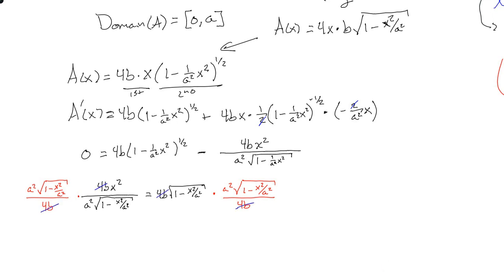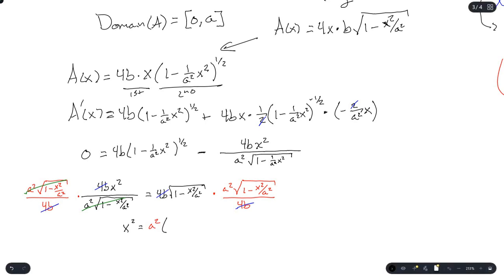And then everything on the left is going to cancel out except for that x squared, which is nice. And then on the right side, we'll have the a squared still, but then the two square roots will cancel, leaving just the 1 minus x squared over a squared.